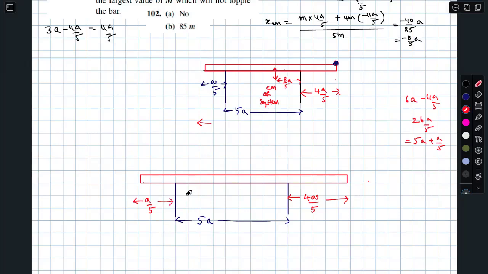This is A by 5. Agreed? Now you have one insect here of mass m and A by 5 somewhere here.